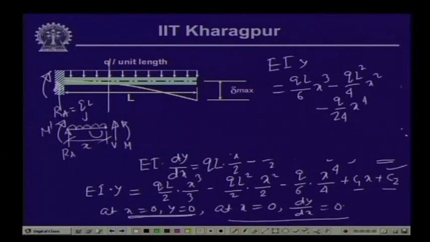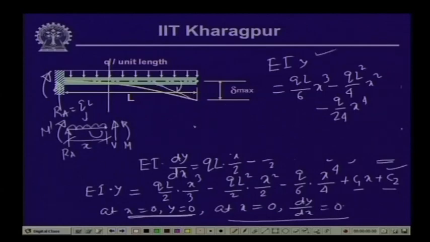Now, what we need to do is compute the value of the deflection at this free end and also the slope of this elastic curve at this free end. That means, if we take the tangent of the elastic curve at this particular point, what is the rotation of this particular point of the elastic curve. So if we substitute the value of x as L, we get the value of y from here.